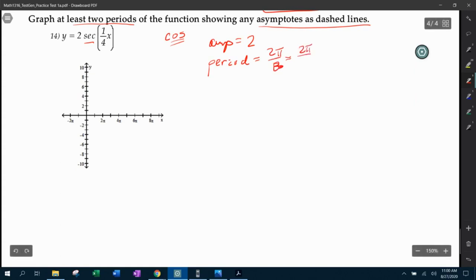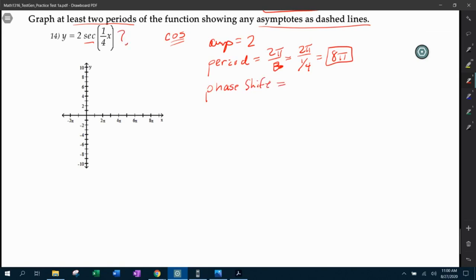That's going to be 2 pi over a fourth, which is really going to be 2 pi times 4 over 1, which is going to be 8 pi. And the phase shift, which we do not have any number added or subtracted after the x, so there is no phase shift. So we don't have to worry about a phase shift, okay?